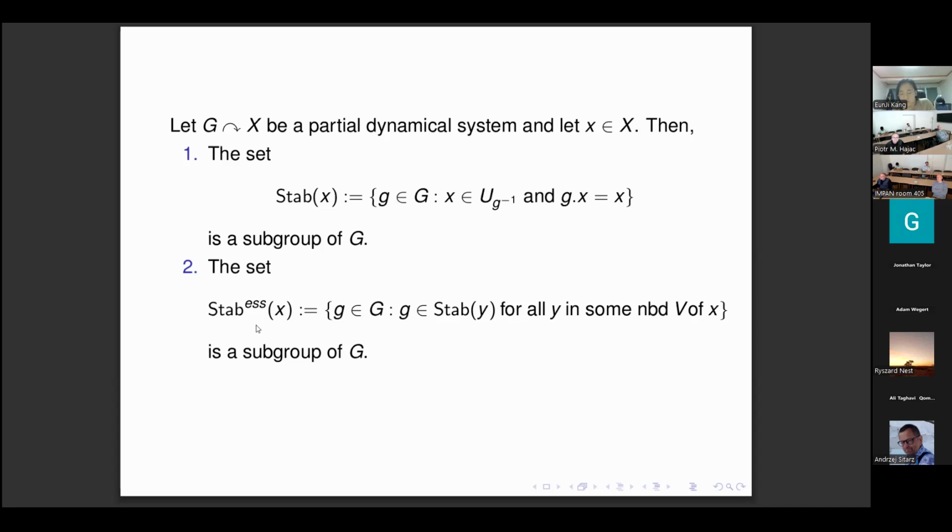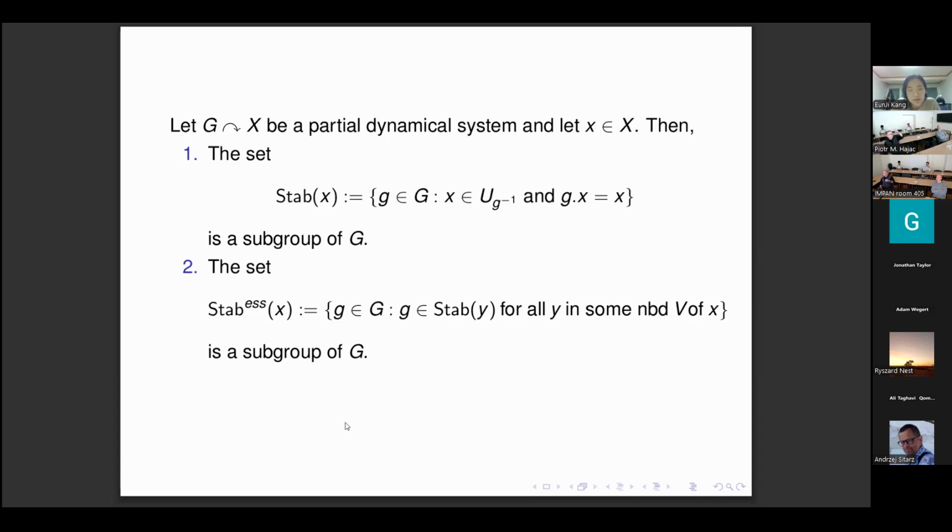Here, instead of just looking at what happens to x, we look at all points in some neighborhood around x. We collect all group elements that fix every point in some neighborhood of x. Even though this is a stricter condition, this set still turns out to be a subgroup of G.